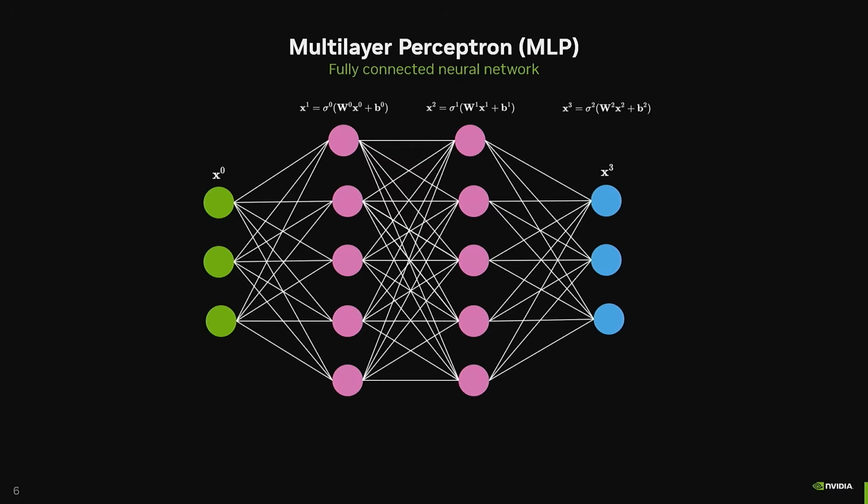So, what is behind the scenes? We use a neural network that is a multi-layer perceptron, MLP, that is fully connected. On the left side, green circles represent input. On the right, blue ones represent output.